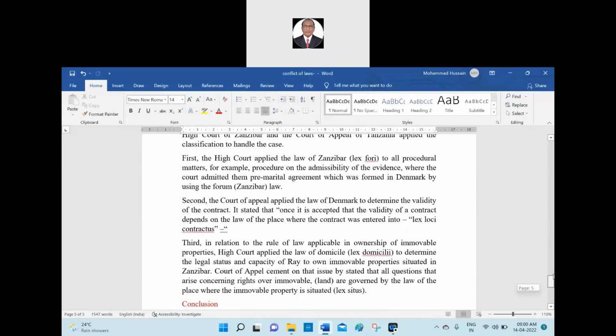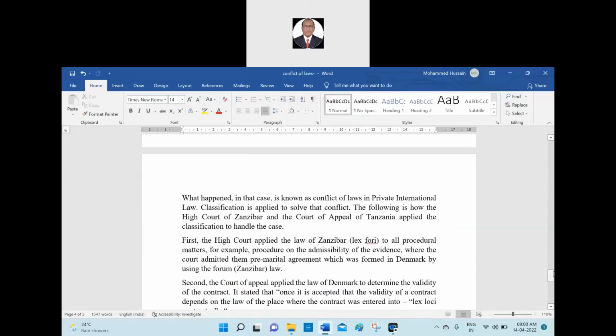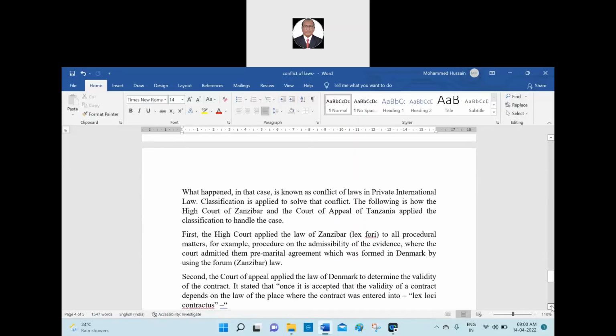What happened in that case is known as a conflict of laws in private international law. Classification is applied to solve the conflict. The following is how the Court of Zanzibar and the Court of Appeal of Tanzania applied classification to handle the case.